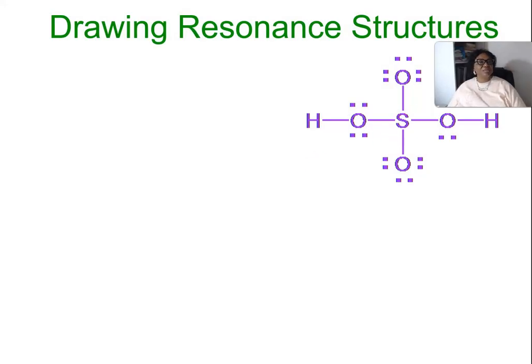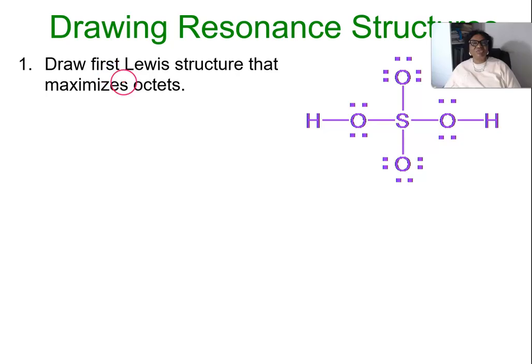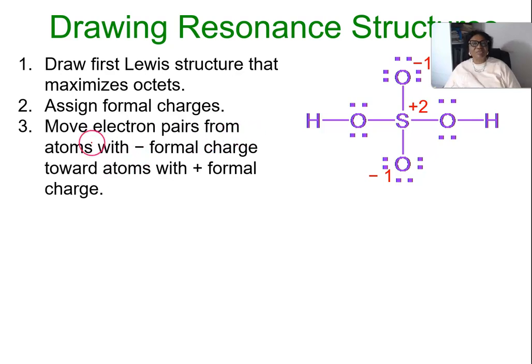So let's look at a situation where they can be expanded. You can expand the octet. So first draw the Lewis structure that maximizes the octet. So this is the structure that maximizes the octet for this. Assign formal charges. So look at the formal charges. Move electron pairs from atoms with negative formal charge towards those with positive.